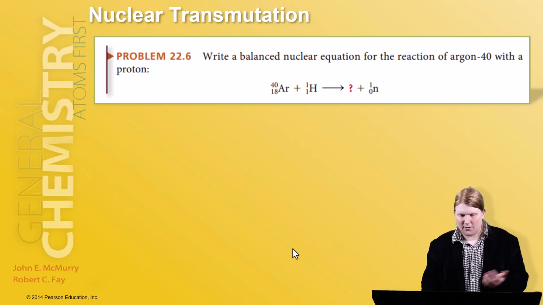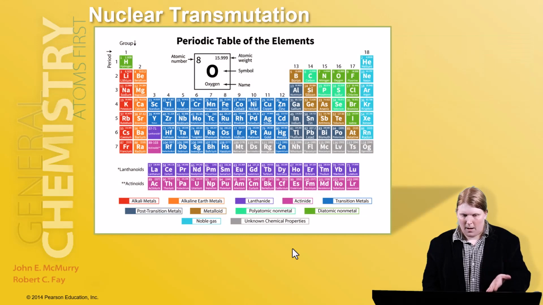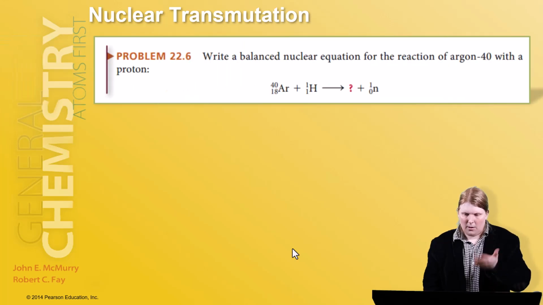But what element is number 19? How would I know that? Well, I'd go back to my periodic table, and I'd look for number 19, and that's potassium. So now I know that potassium is number 19, and I could get the answer as 40, 19, K for potassium. The answer is not written here, but that's how you would approach a problem like this. And I just want that as an example to show you how to use the periodic table to look up things.